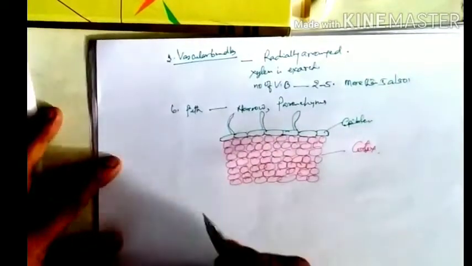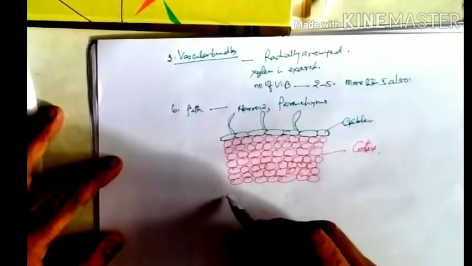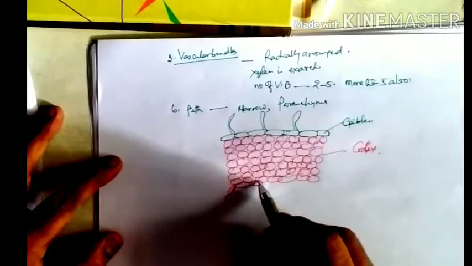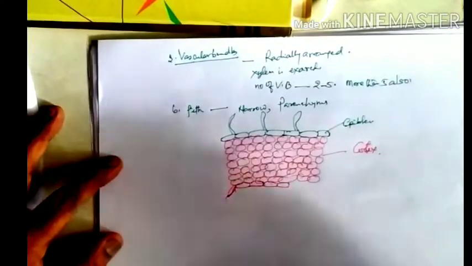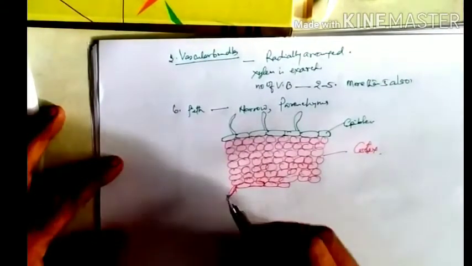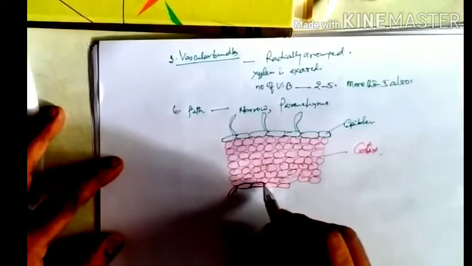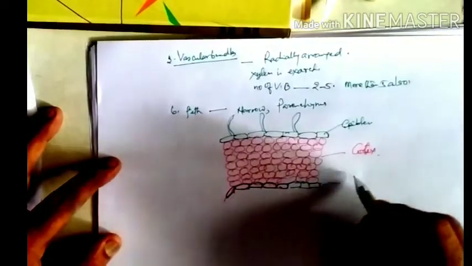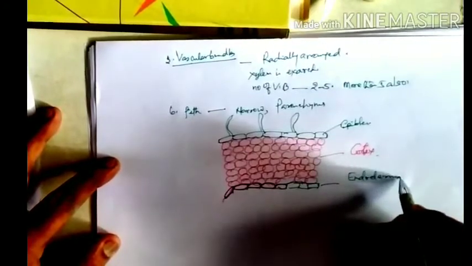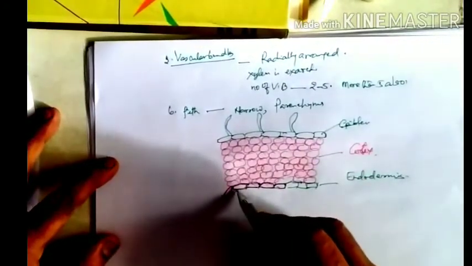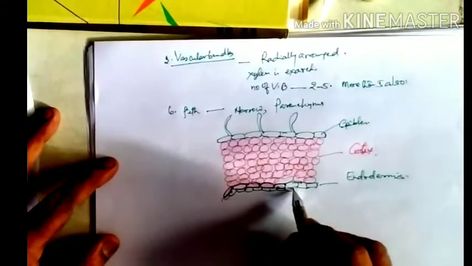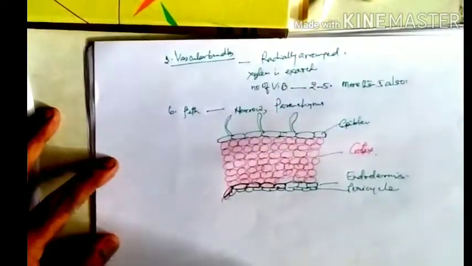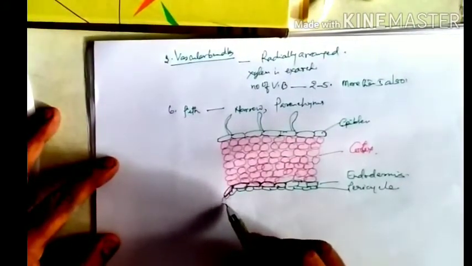And the next is the barrel shaped cells without intercellular spaces, that is the endodermis. The next layer here is the pericycle.